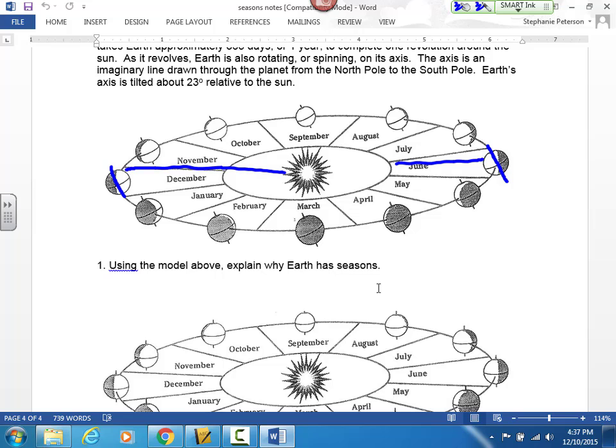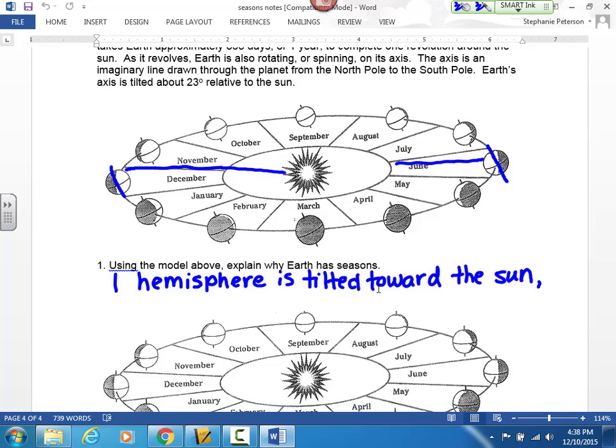So what do we write down? One hemisphere is tilted towards the sun, while the other tilts away.